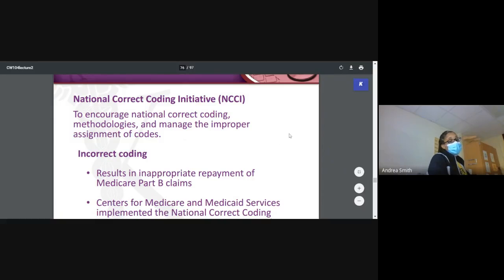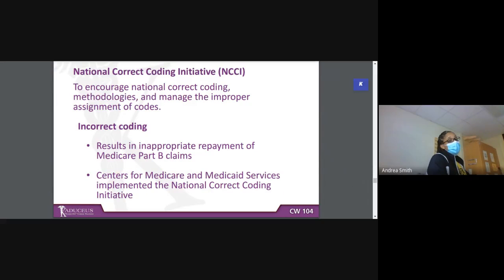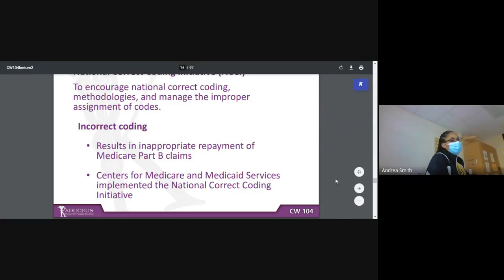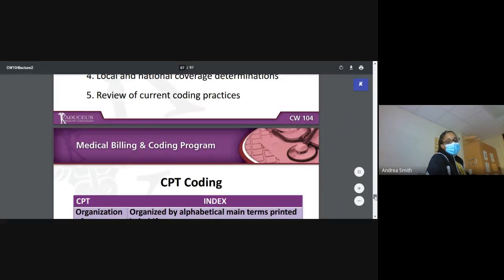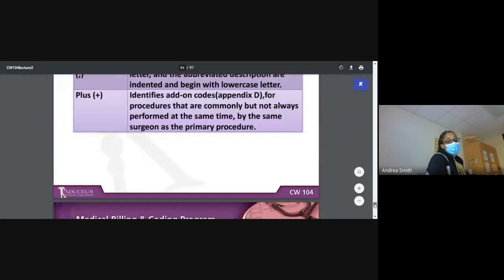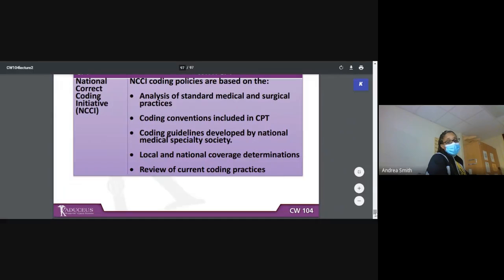Incorrect coding results in inappropriate repayment of Medicare Part B claims, and the Centers for Medicare and Medicaid Services implemented the National Correct Coding Initiative. The rest of this is more or less a grid on everything that we went over, so there's no need to repeat that.